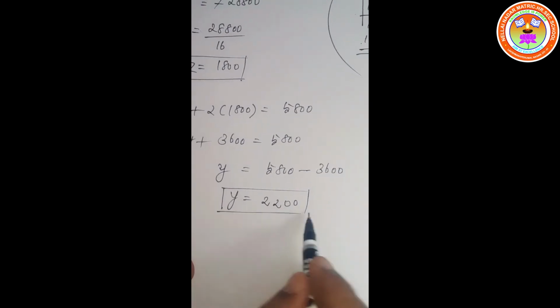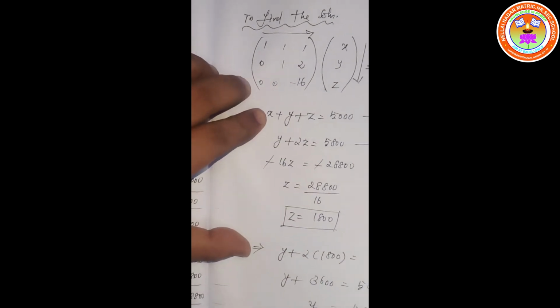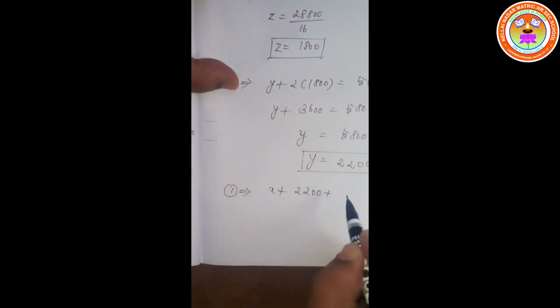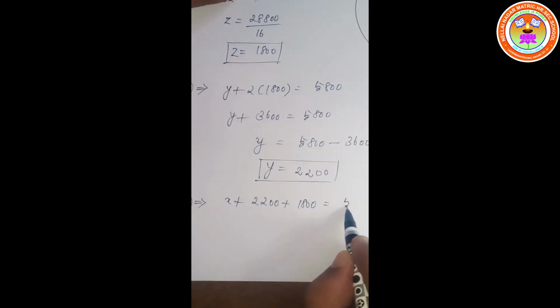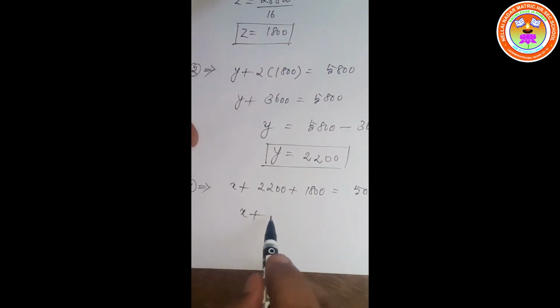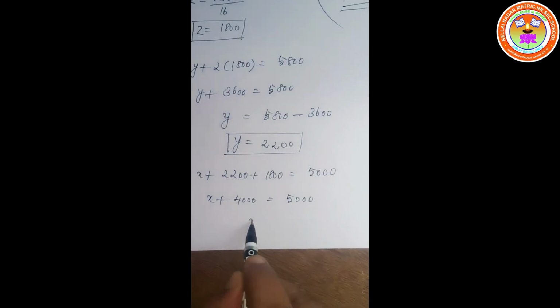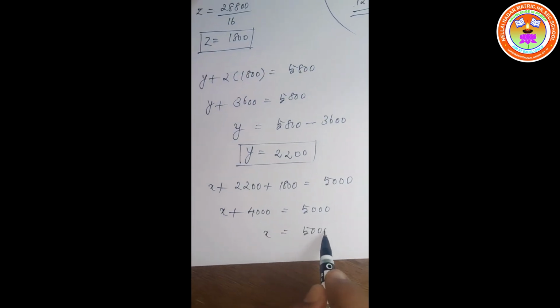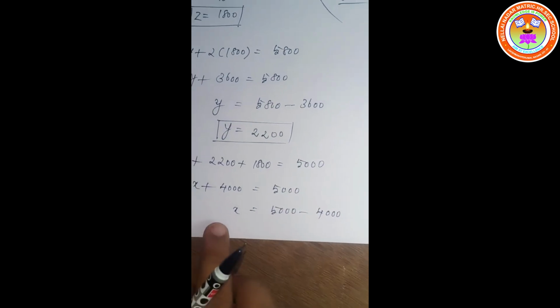Now equation 1 implies x plus y value 2,200 plus z value 1,800, that is equal to 5,000. If we add, you will be getting 4,000. X plus 4,000 is equal to 5,000. It comes to the right hand side: 5,000 minus 4,000, that is equal to 1,000. X, that is equal to 1,000.